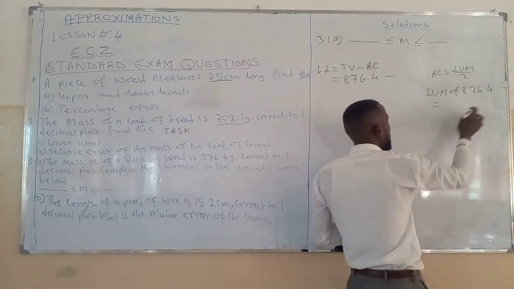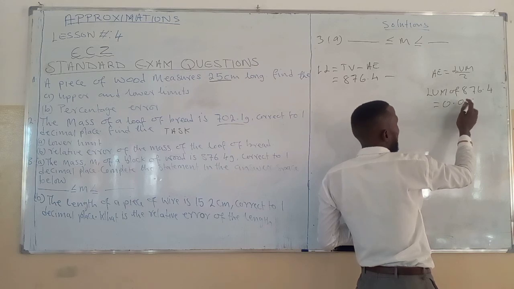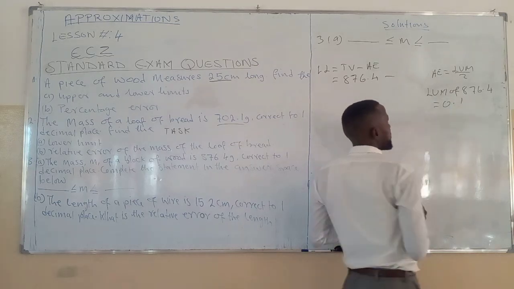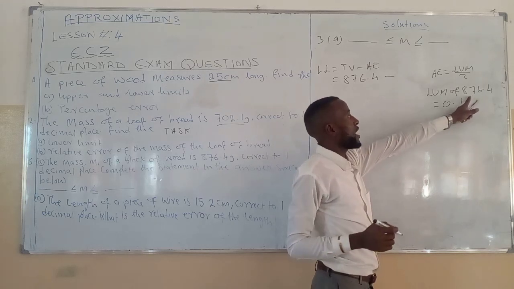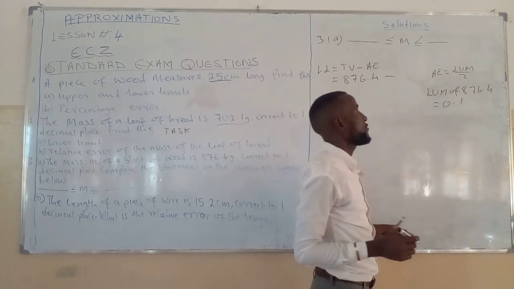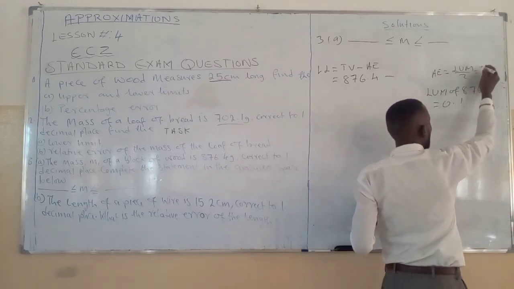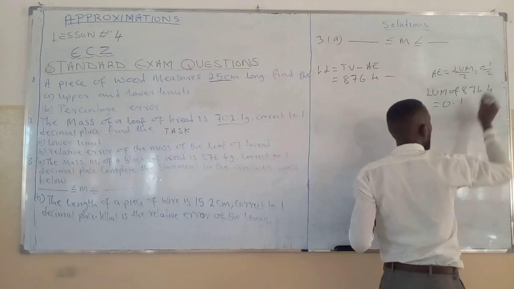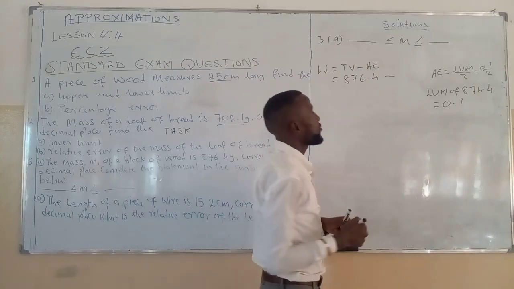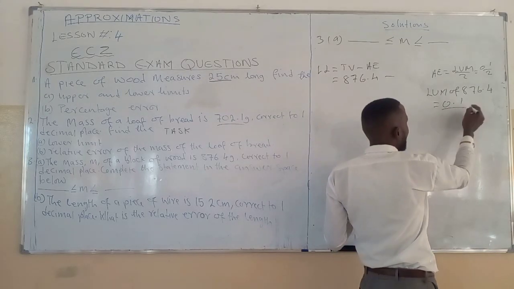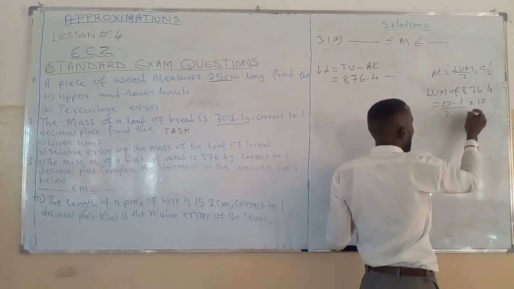Of course, because it has one decimal place, it will be 0.1. That is the least unit of measurement of 876.4. Then we just replace there. We have 0.1 divided by 2. What is my final answer when I divide by 2 there? In order to find the correct answer, just multiply this by 10, also 2 multiplied by 10.